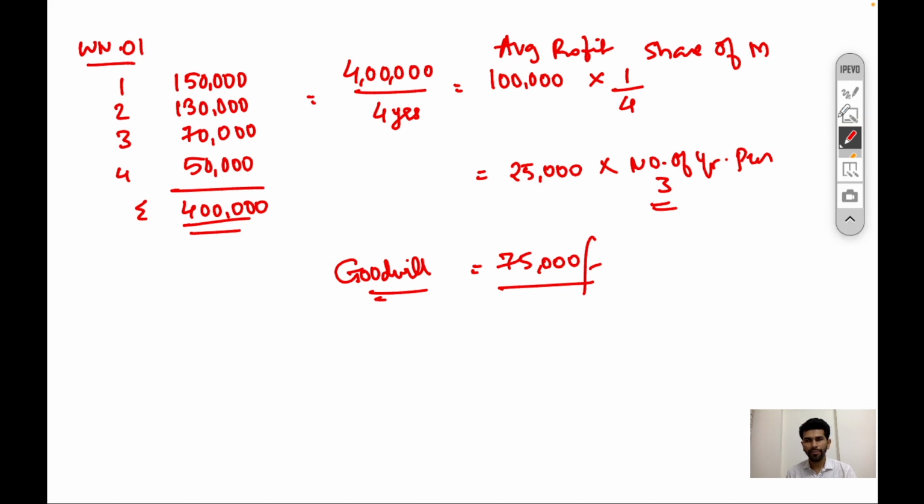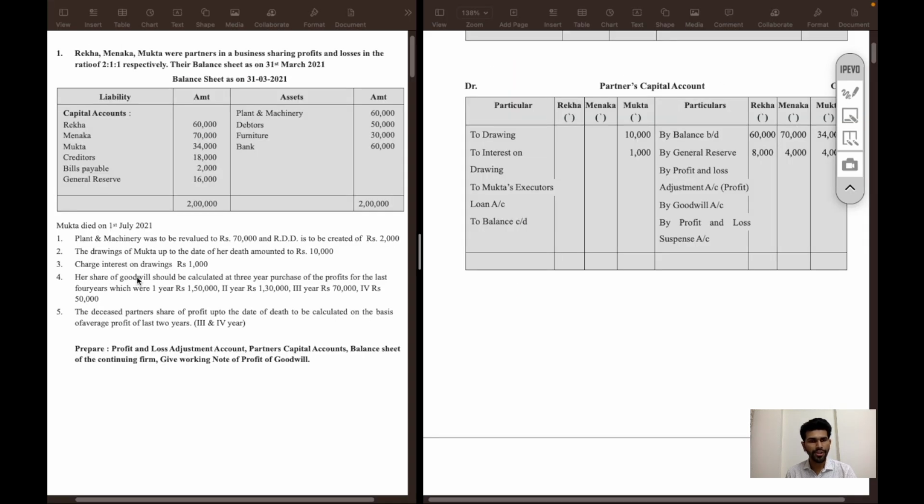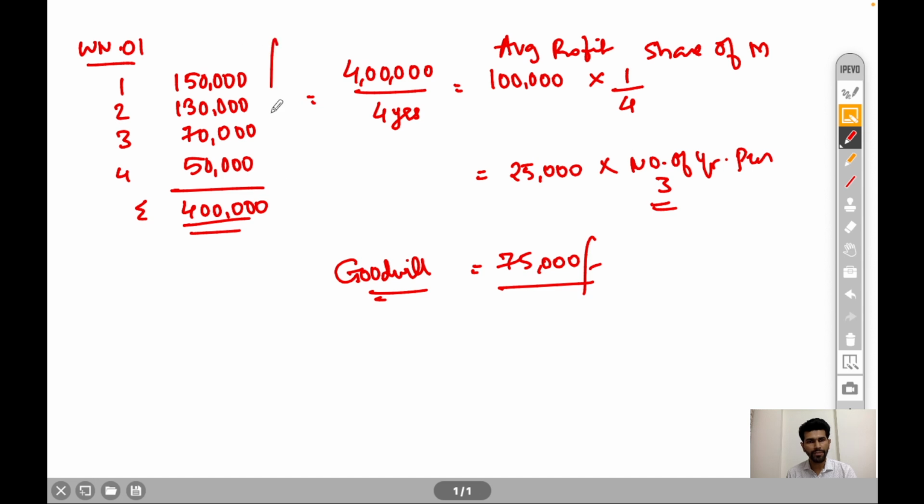So as per question, her share of goodwill should be calculated at 3 years purchase of profit for last 4 years. 4-year profit is given. So we have calculated average profit first by adding all profit divided by number of years.